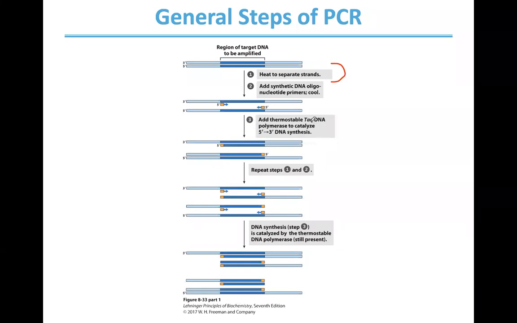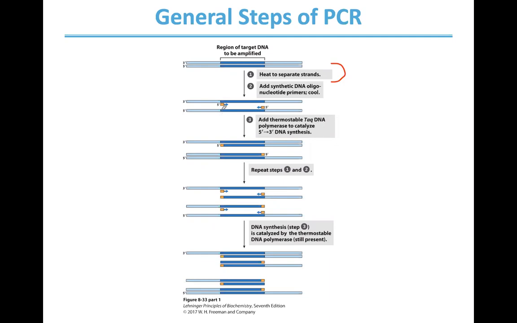So enzymes which are thermostable. So you cannot use human DNA polymerase for this task, because the human DNA polymerase will not work. Its three-dimensional structure will fall apart, right? So you need to use a thermostable DNA polymerase.